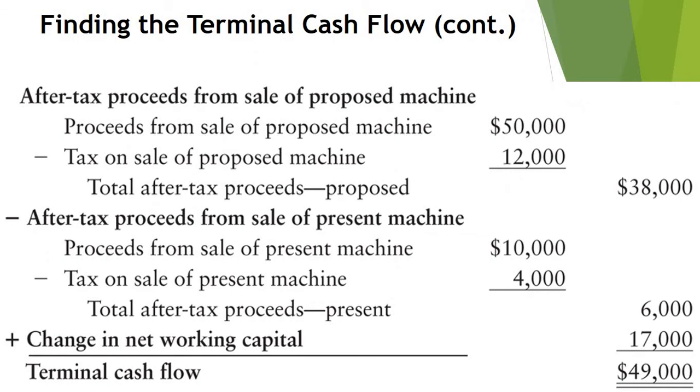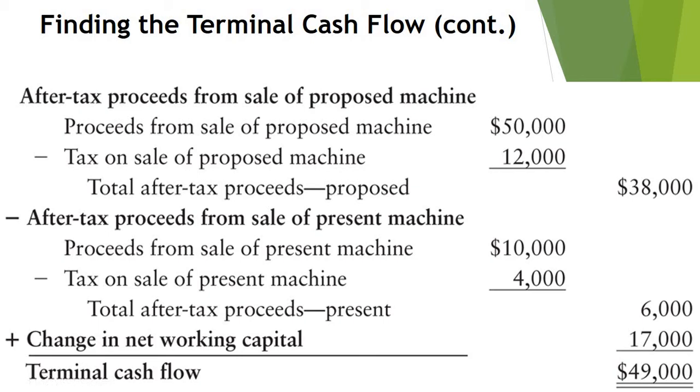Now here is the calculation of terminal cash flow for Powell Corporation. The Powell Corporation is expecting to sell its new machine for $50,000.